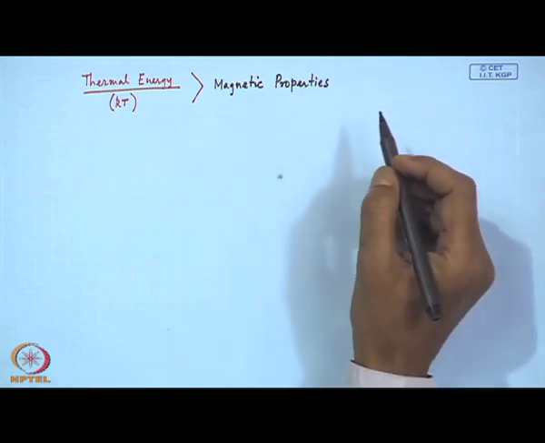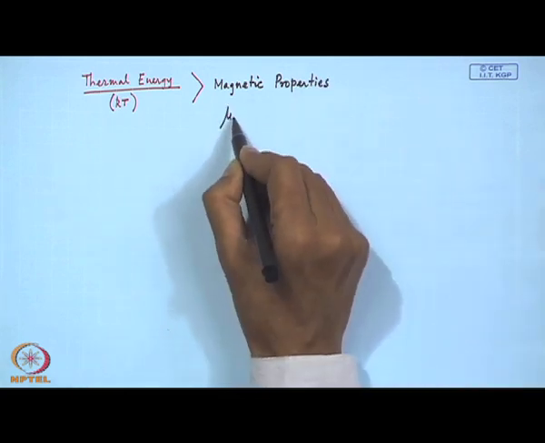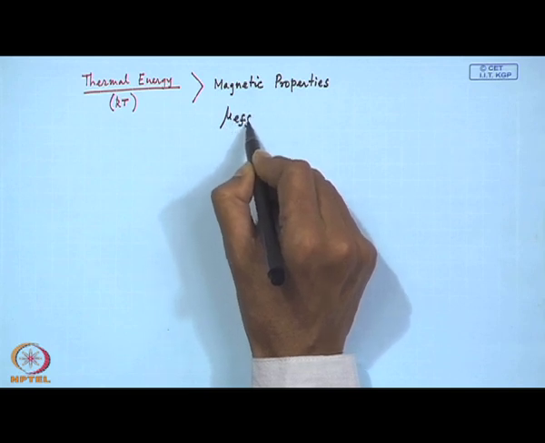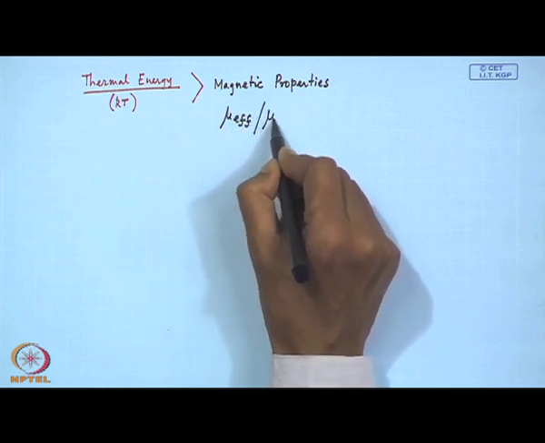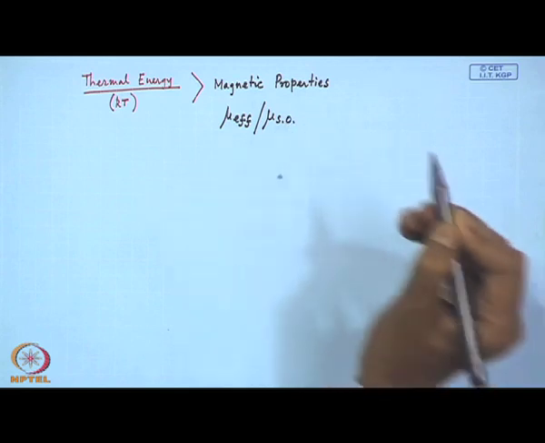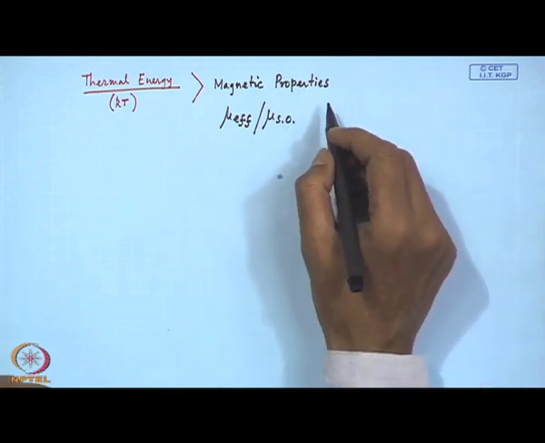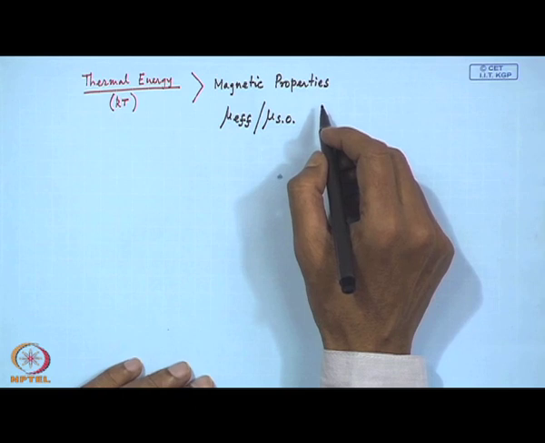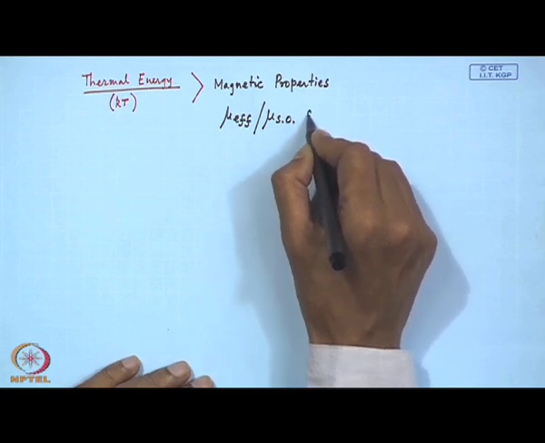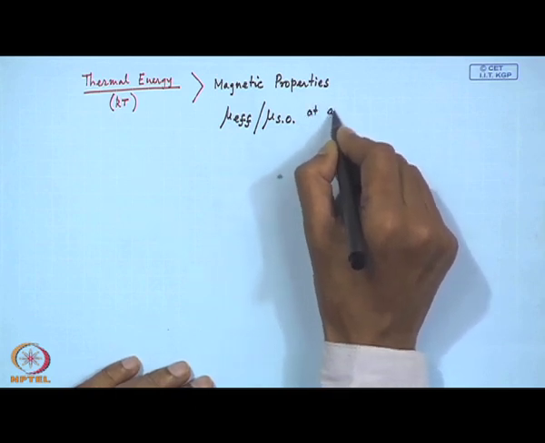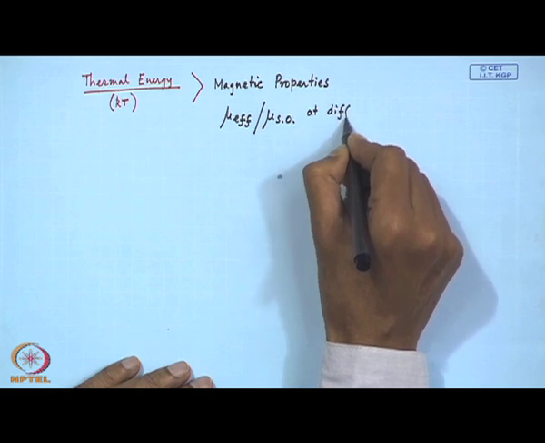We can determine the mu effective or mu spin-only, which are the main contributors to the magnetic moments at different temperatures.